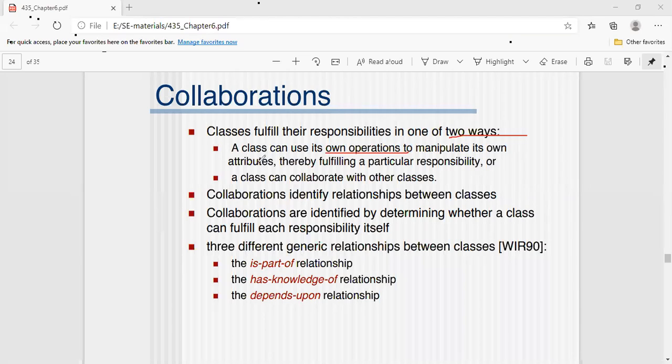The second way is that a class can collaborate with other classes, which means if you want to finish a project, you may take some team members. You may join with a few people who have the knowledge towards that particular work and ask them to join your group.